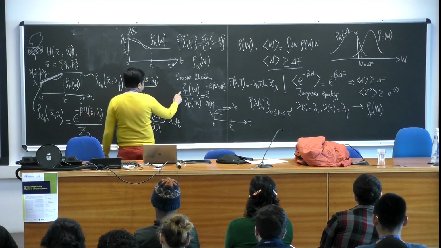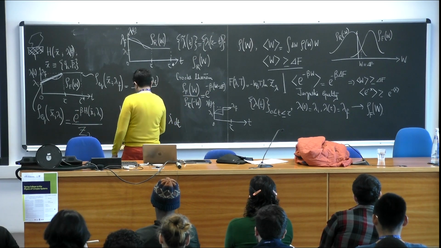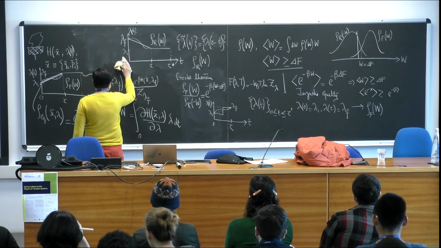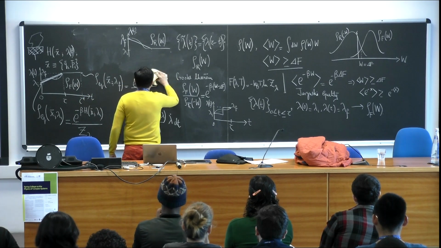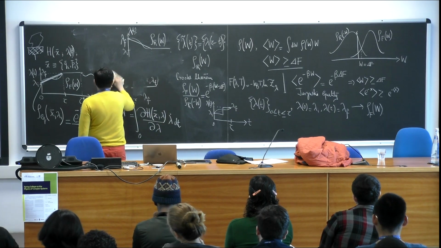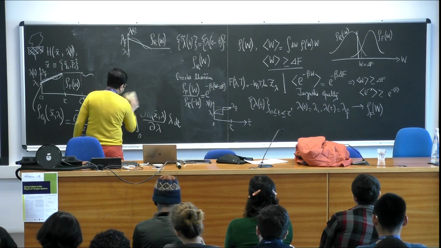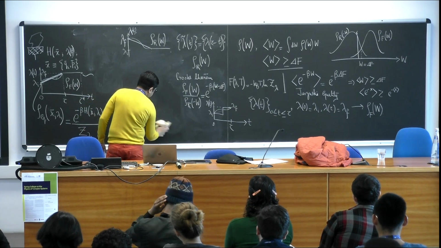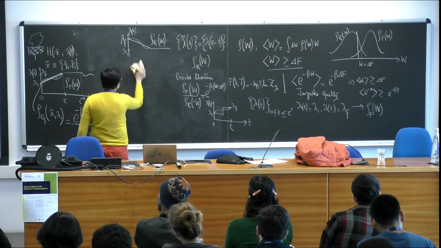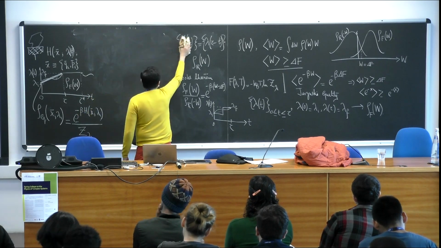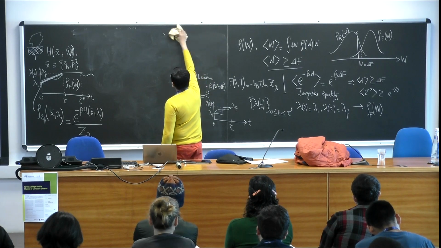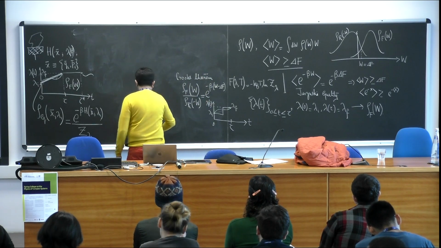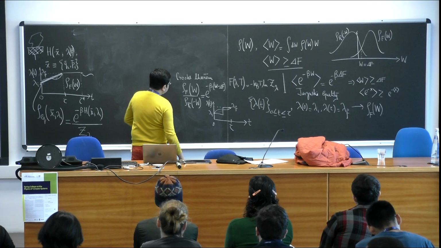Okay, so let me just show you that this Crooks theorem implies or is consistent with the Jarzynski equality. So how do I do it? Can somebody help me?